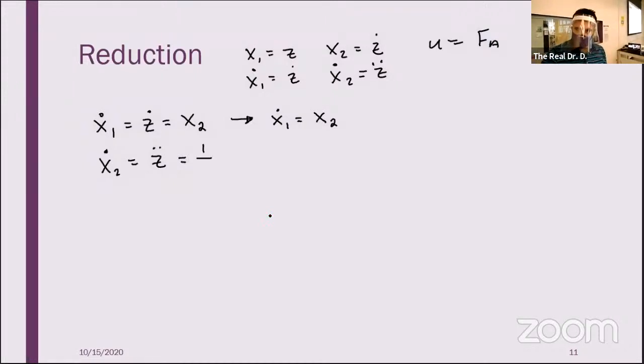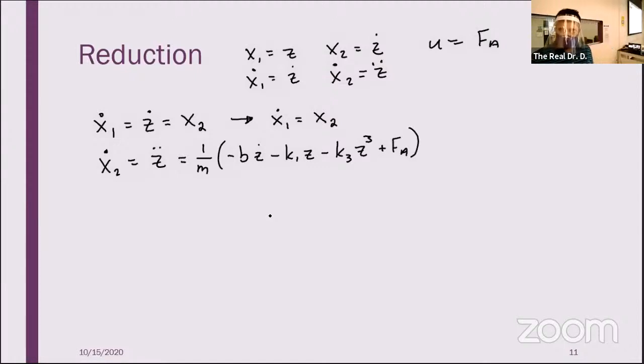So we can say, well, we just figured that out. So I can plug in my state variables now.